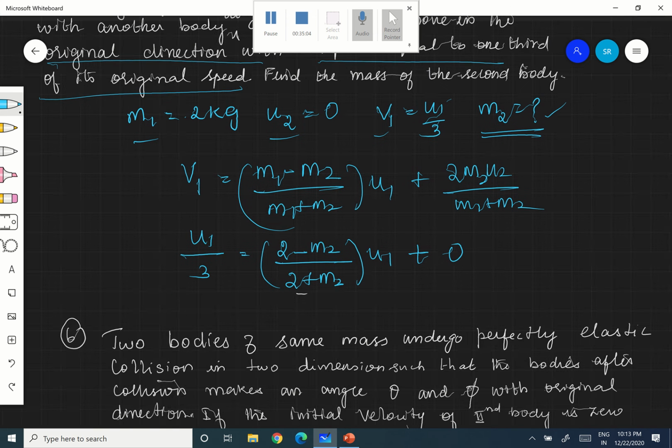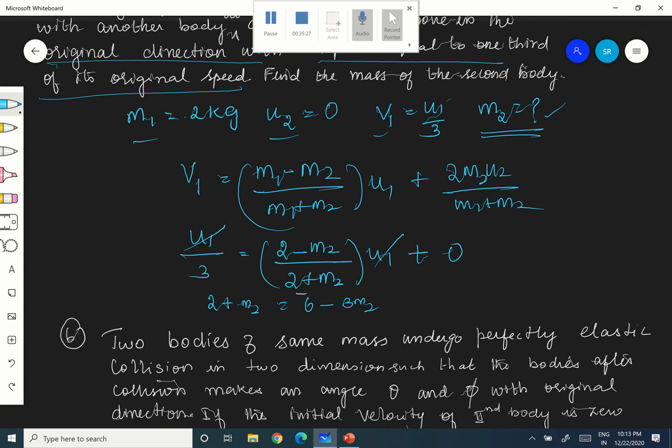On solving this, U1 will go. 2 plus M2 times... that is nothing but 6, cross multiply: 6 minus 3M2.